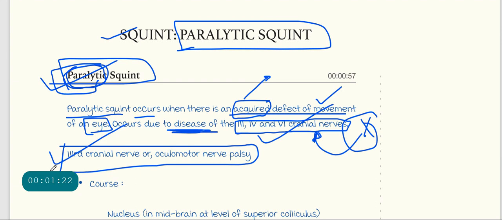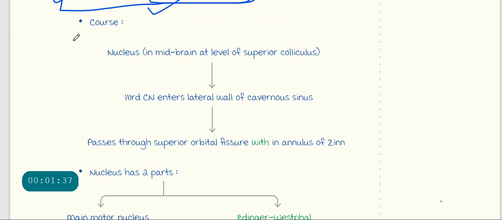So third cranial nerve injury, or you can say oculomotor nerve palsy. Okay, when this occurs, what happens? So first we will talk about the causes, that is, where the nucleus is present.